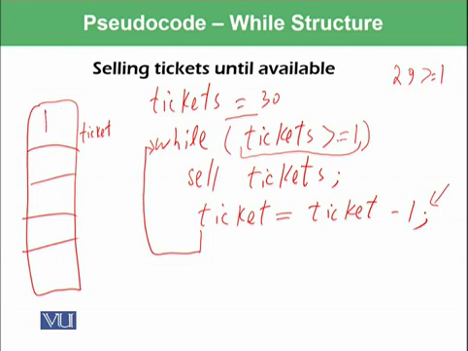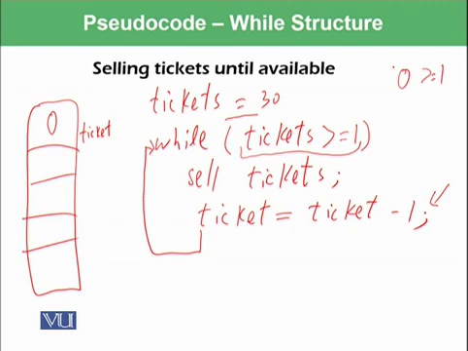It again checks the condition: 1 is greater than or equal to 1, the condition is true. So sell ticket, and ticket is ticket minus 1, then ticket becomes 0, and it again goes to the condition and asks whether 0 is greater than or equal to 1.